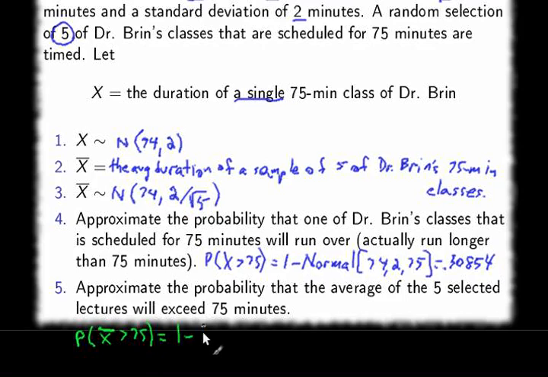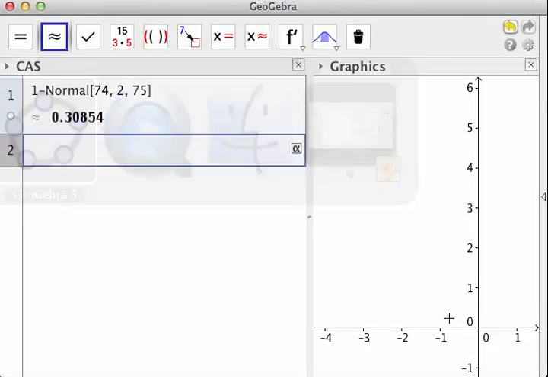So we need to consult GeoGebra, but this time the standard deviation is not 2 anymore. It's 2 divided by the square root of 5, but X is still 75. And again, we have to consult GeoGebra to find out what that number is.